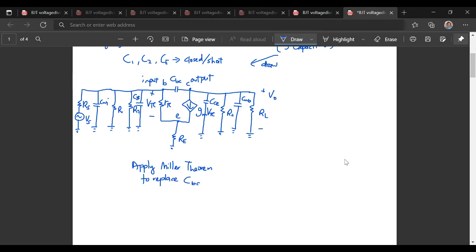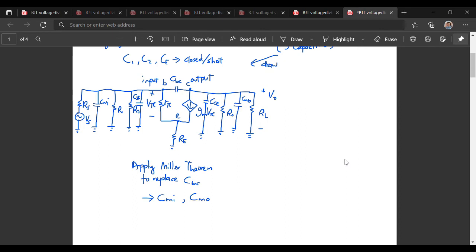Okay, and then CBC will be C Miller input and also C Miller output. The replacement is made by replacing the capacitor with 2 other capacitors connecting at each of the nodes.